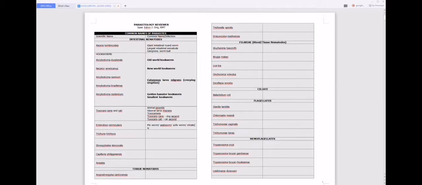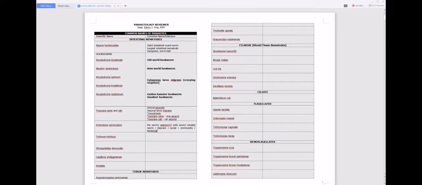Inhaled worm. Kasi diba, it can be transmitted through inhalation, yung eggs niya. So, inhaled worm or daycare worm, social worm, community worm, or kindergarten, di ba ang dami? Kindergarten worm, or familial worm.